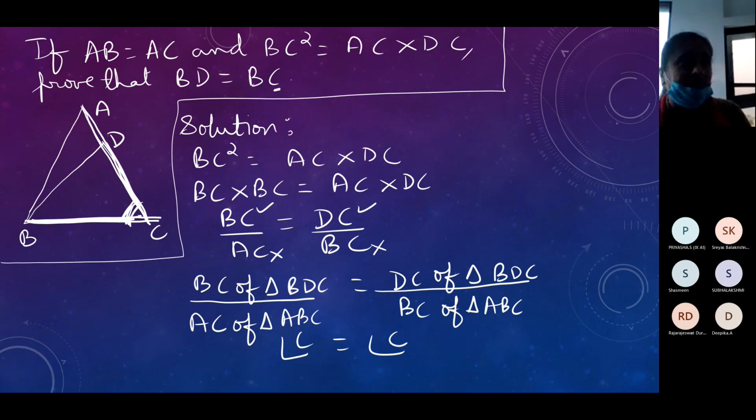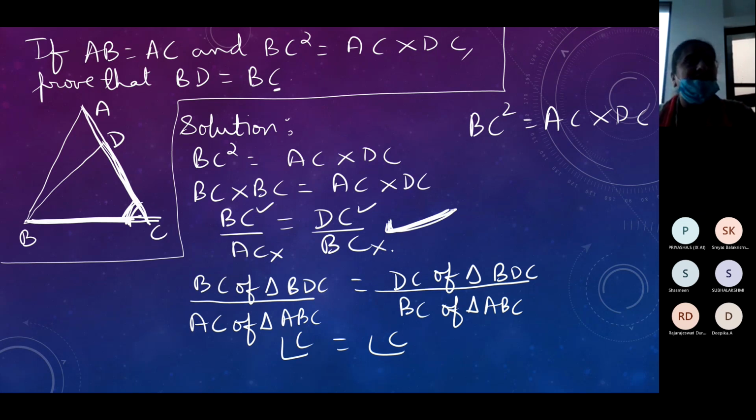If similar was not given, from BC square is equal to AC into DC, you can make a proportion. Remember that. From a product like this, you can get a proportion because there are 4 line segments there: BC, BC, AC, DC. That's exactly what we did here.